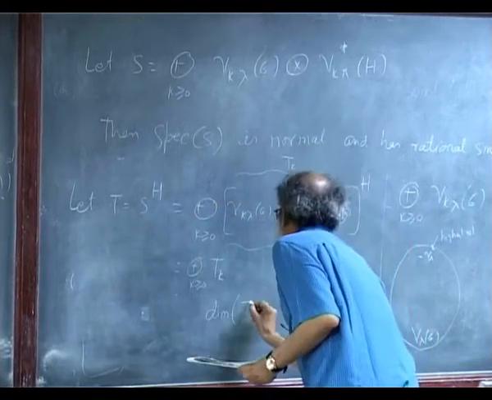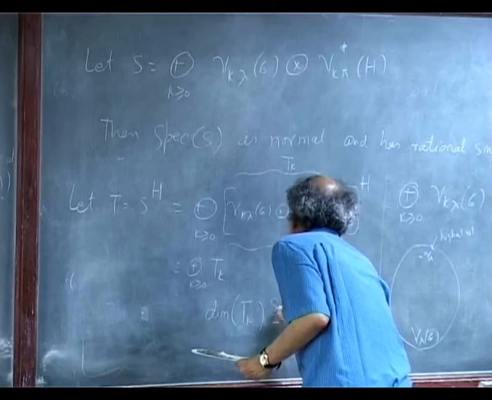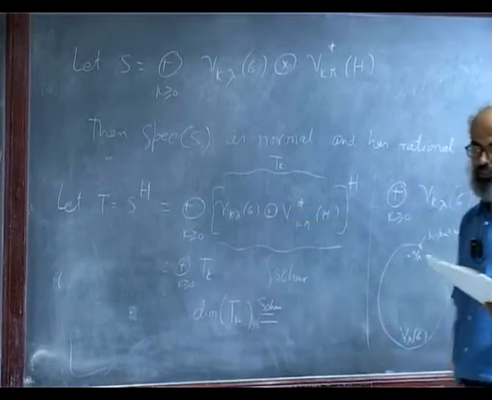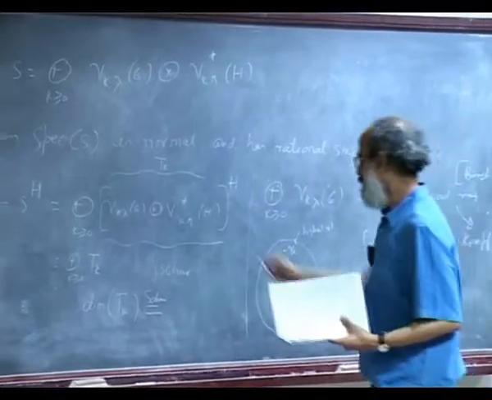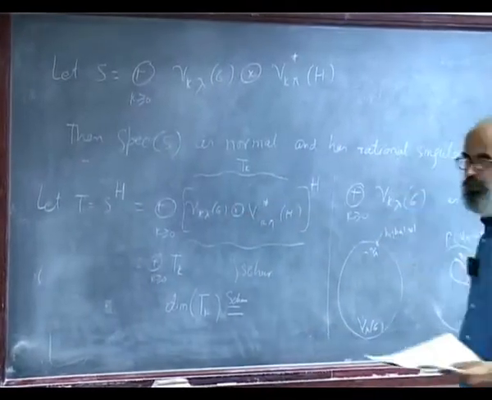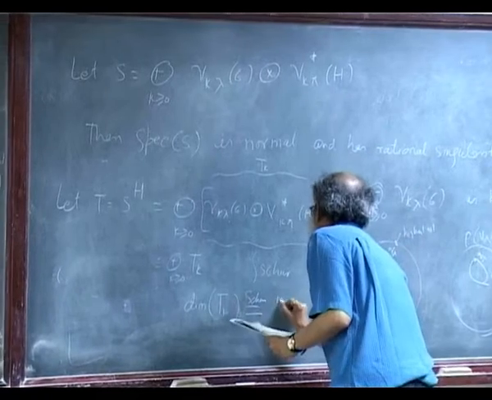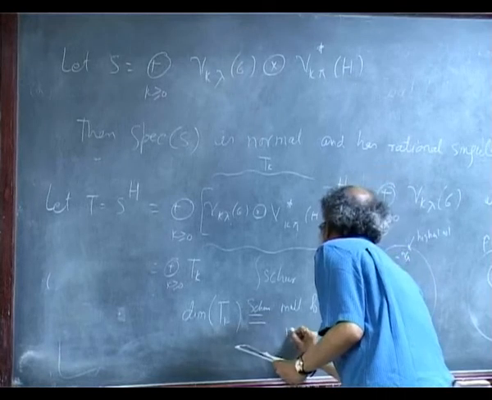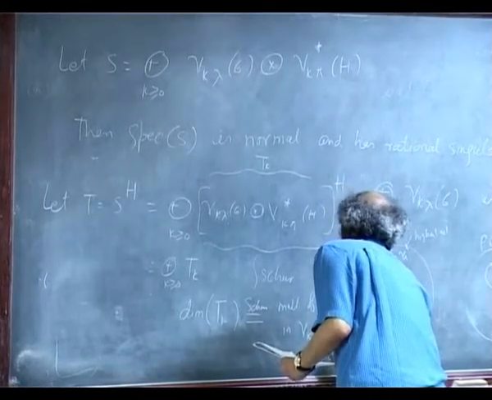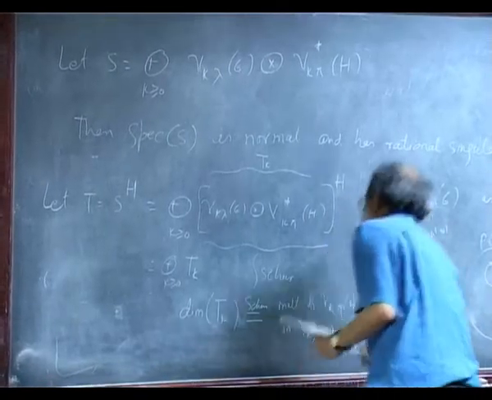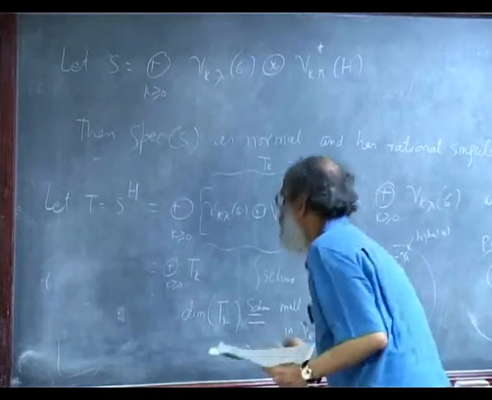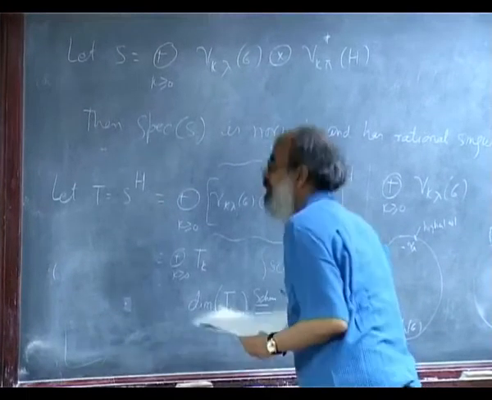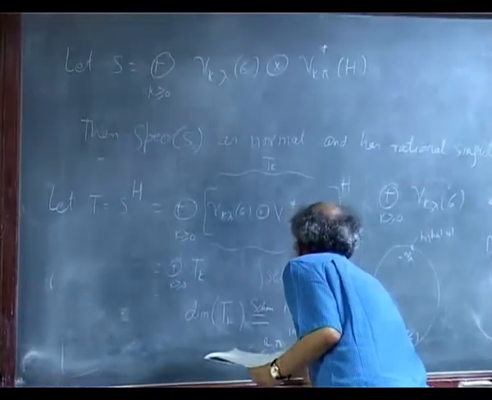Then by Schur's lemma, the dimension of T_k is just the multiplicity of V_{k pi}(H) inside V_{k lambda}(G), considered as an H-module, and that multiplicity is precisely the stretch Plethysm constant, which is precisely that a_{pi lambda mu}(k).